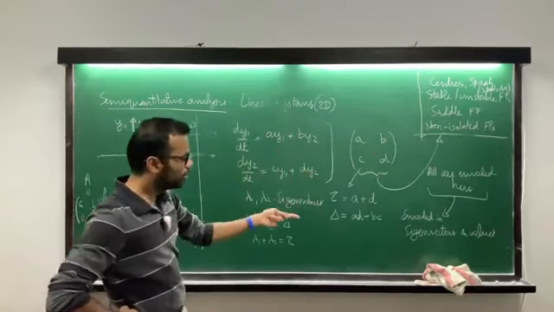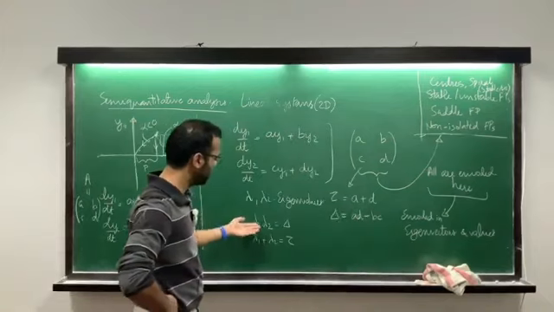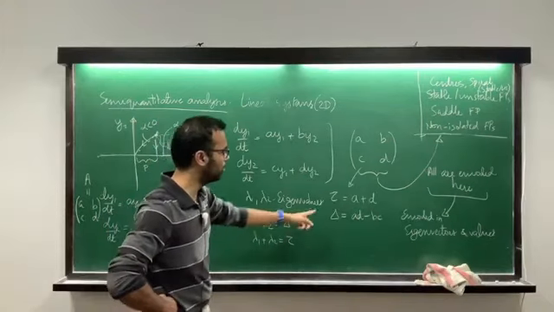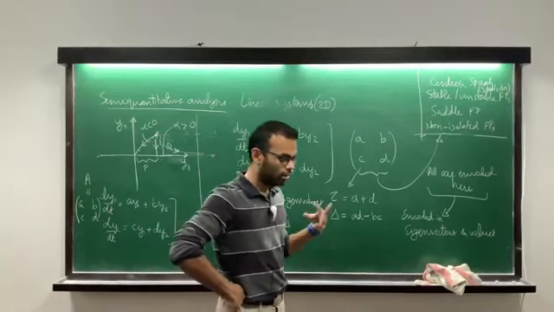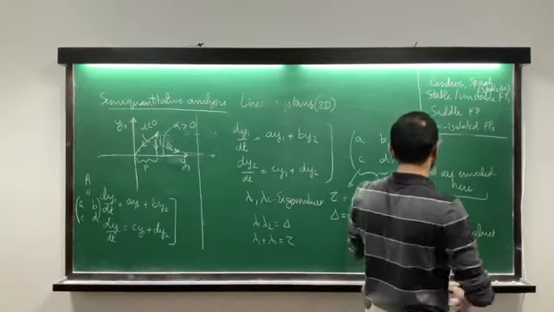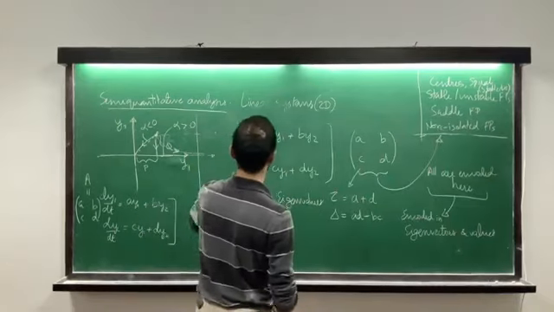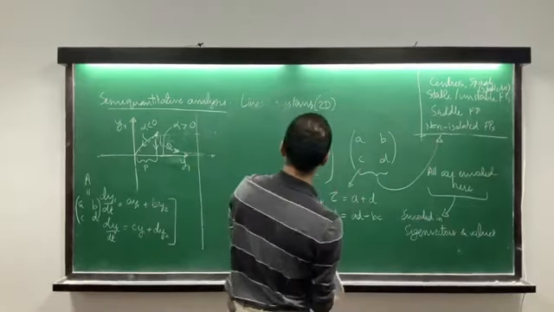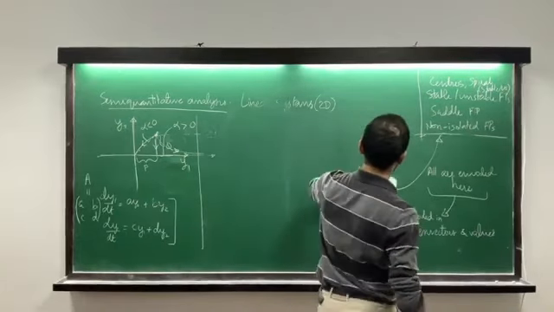So presumably it's all encoded in the eigenvalues, and since they obey these two equations, they are basically encoded in tau and delta. Now we have to figure out what that encoding is, so that if somebody gives you a matrix, you can say whether the corresponding fixed point at the origin is stable or unstable.